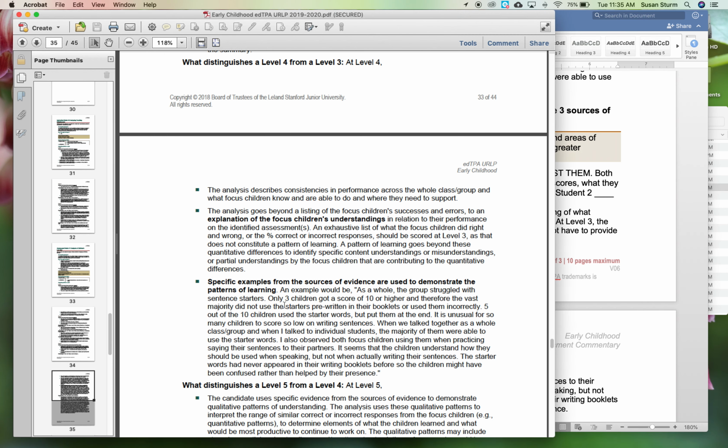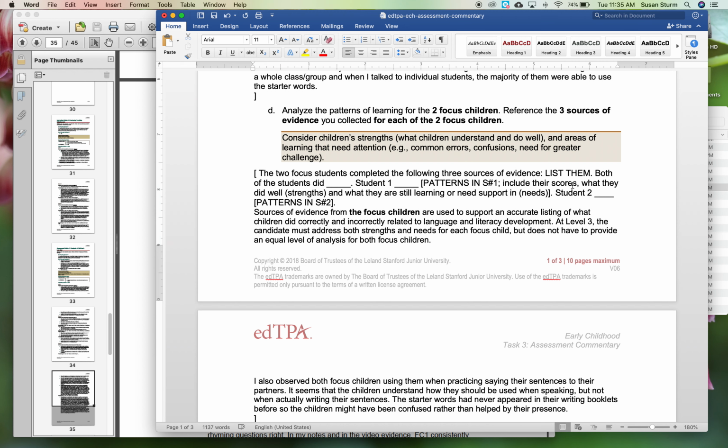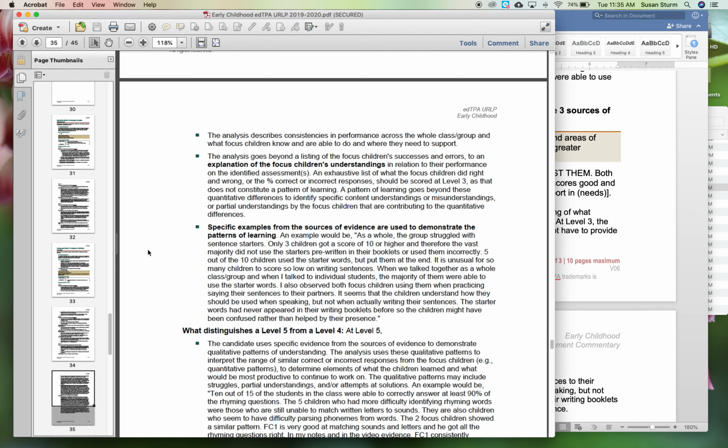And that will get you up to a level 4 here. So for a level 4, your analysis goes beyond a listing of their successes and errors. So include their scores, good and bad, and what they did well and what they're still learning.